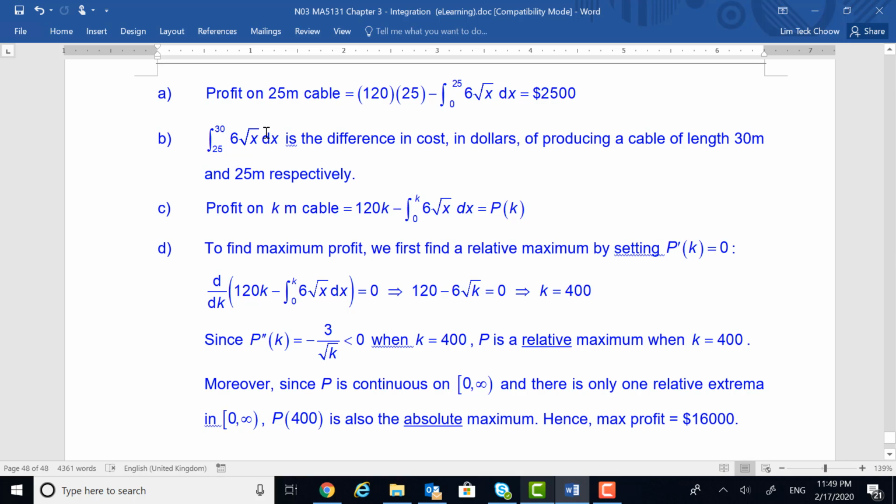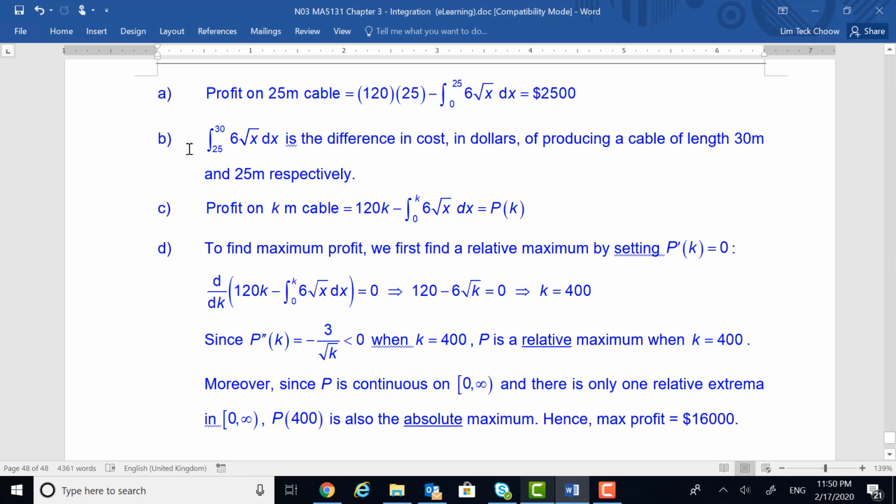Then in part B, they ask you for the meaning of this expression. If you look carefully, you can rewrite this as the integral from 0 to 30 of 6 root X, minus the integral from 0 to 25 of 6 root X. Rewriting it in that way, you can see that there's a difference in cost in producing a 30-meter long cable as compared to a 25-meter long cable.